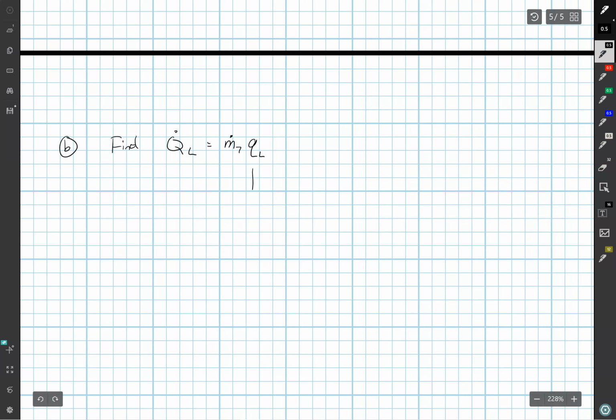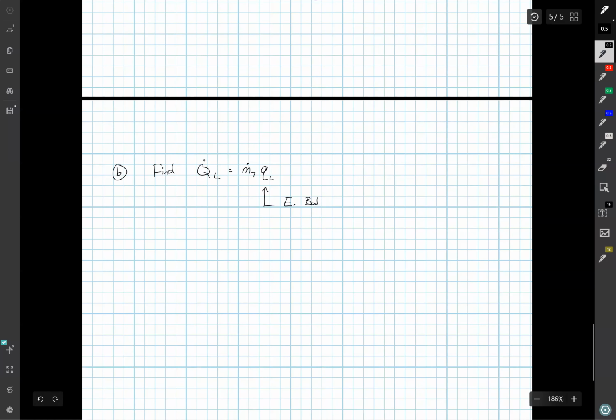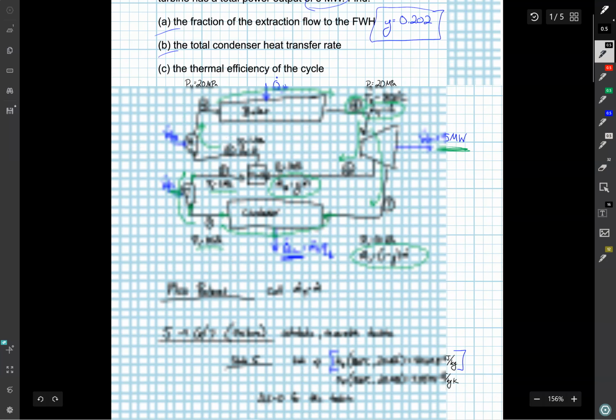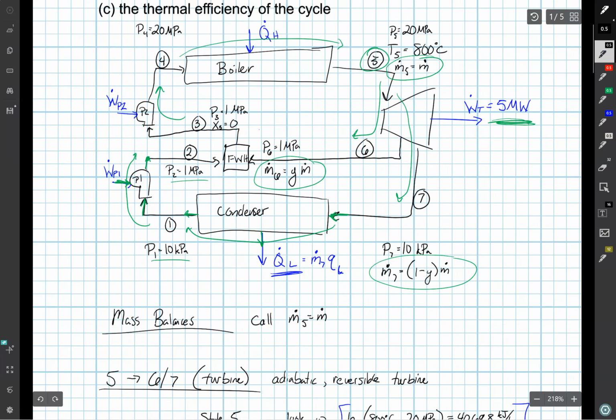We can find QL from an energy balance. We're doing lots of energy balances, clearly. Our energy balance is across the condenser. Let's go back up and look at our picture. The energy balance is across the condenser here at the bottom, where we have energy coming in at 7 and leaving at 1 and QL.